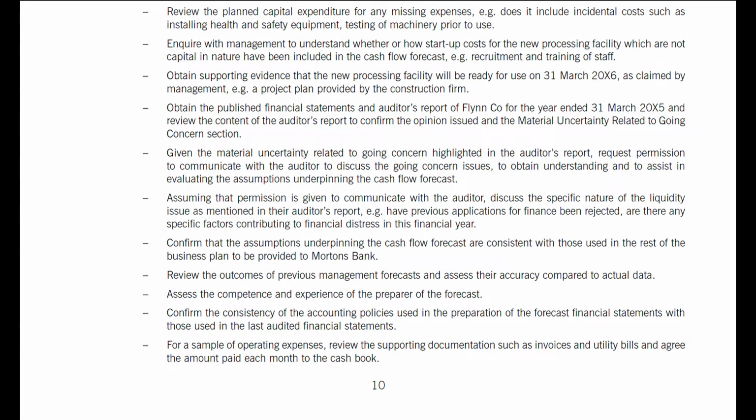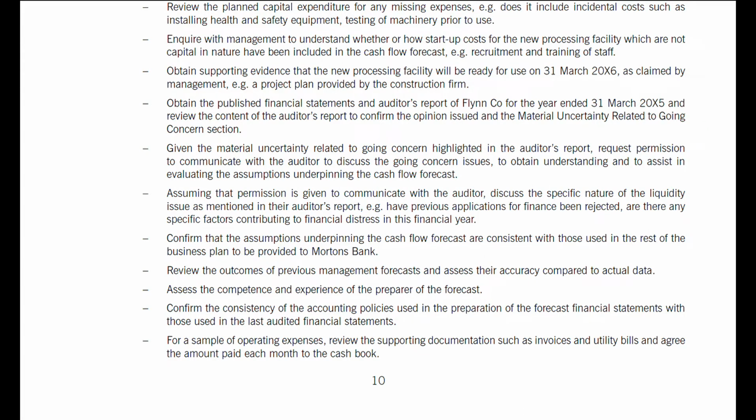Given the material uncertainty relating to going concern highlighted in the auditor's report, request permission to communicate with the auditor to discuss the going concern issues, to obtain understanding and to assist in evaluating the assumptions underpinning the cash flow forecast.